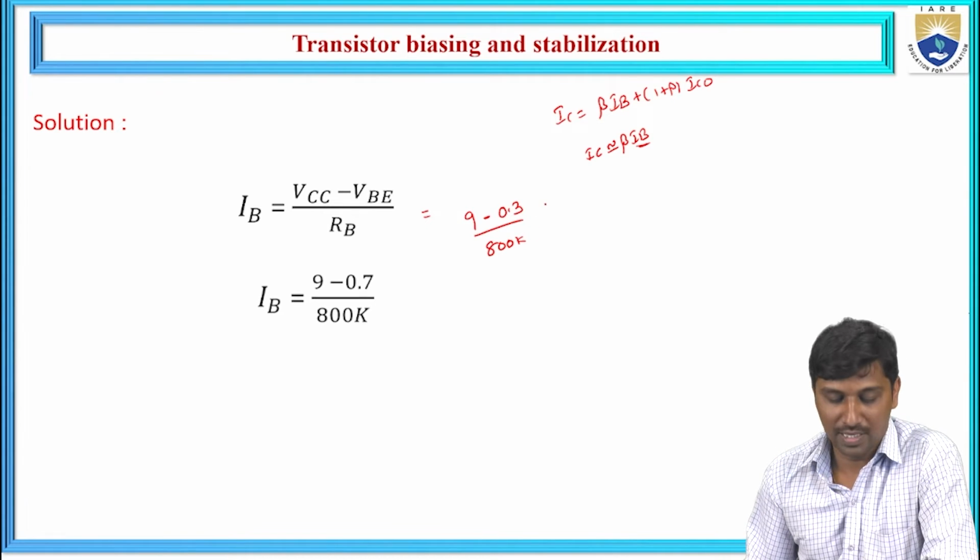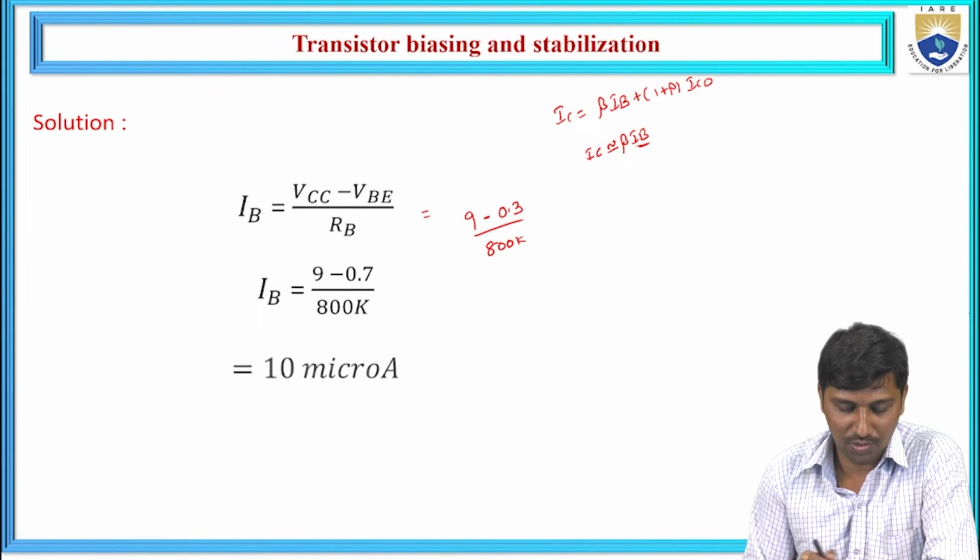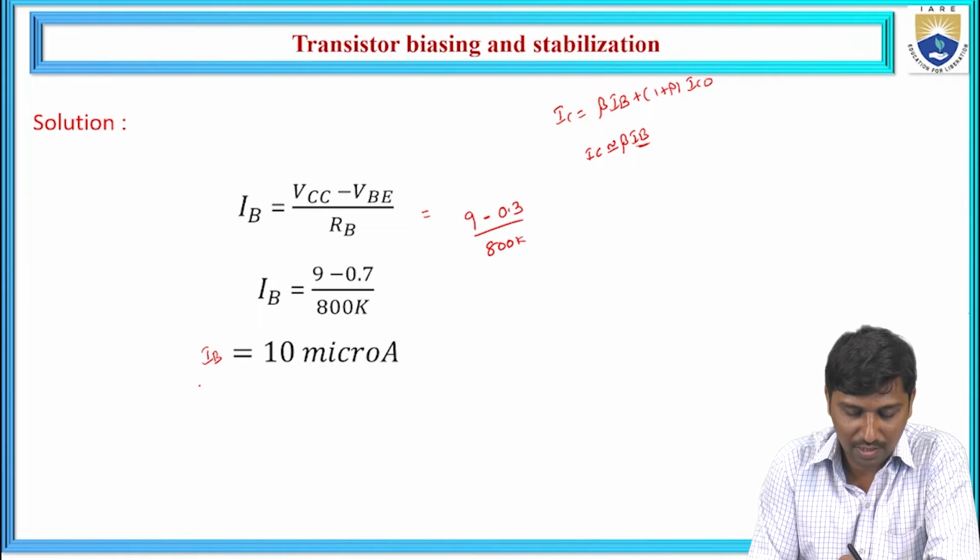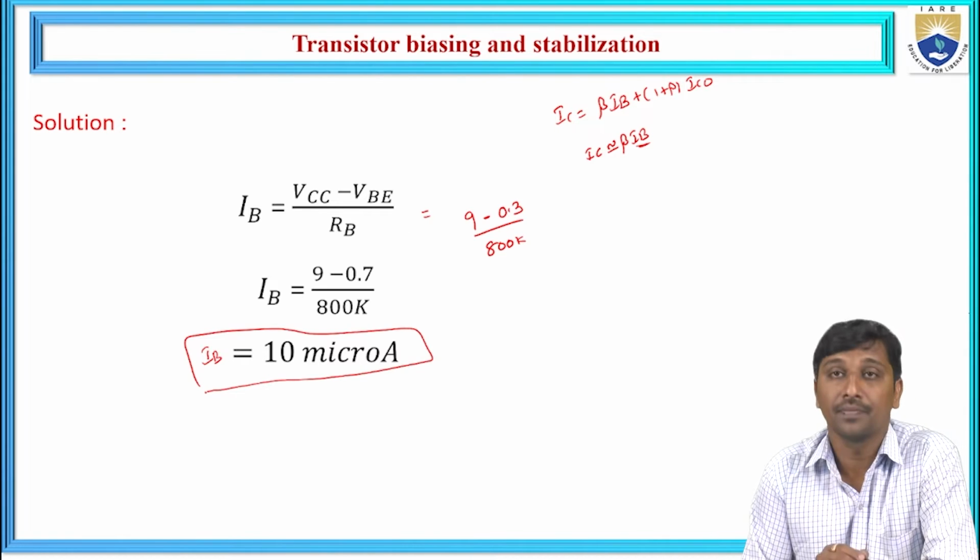Based on that, we get the IB value as 10 microamperes.